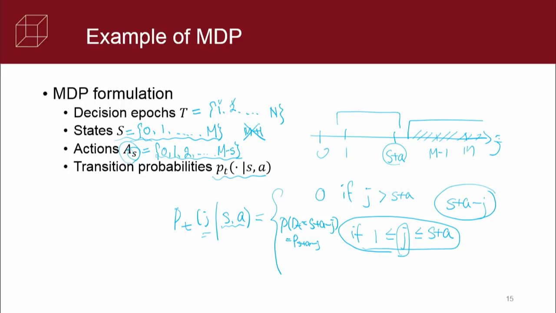All right, so let's consider that j is equal to 0. That means you sell all of the on-hand inventory s plus a. So this is equivalent to the situation that demand is greater than or equal to s plus a.